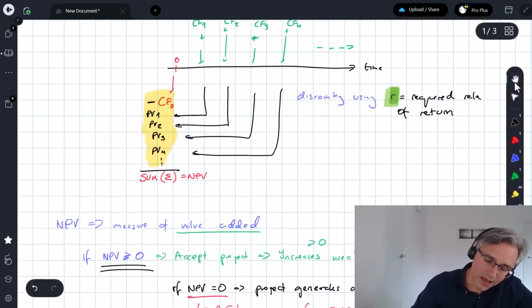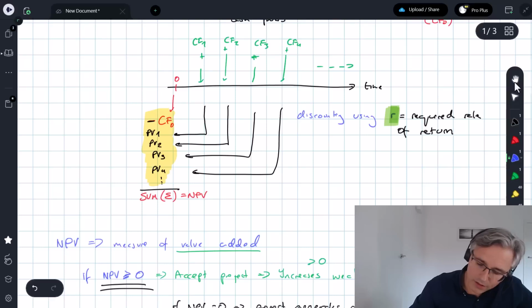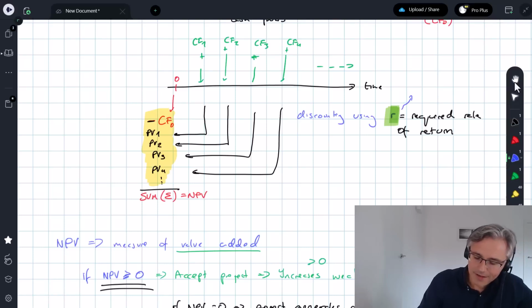In other words, how high do we need to get this discount rate in order for all of these cash flows, the present values of them, including typically the big outlay at the very beginning, to produce a sum of 0.